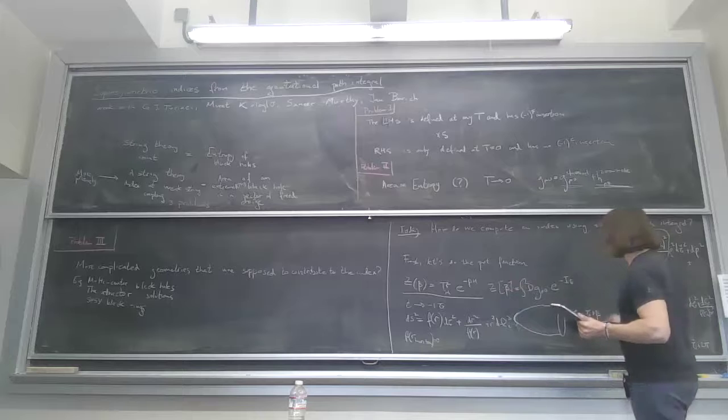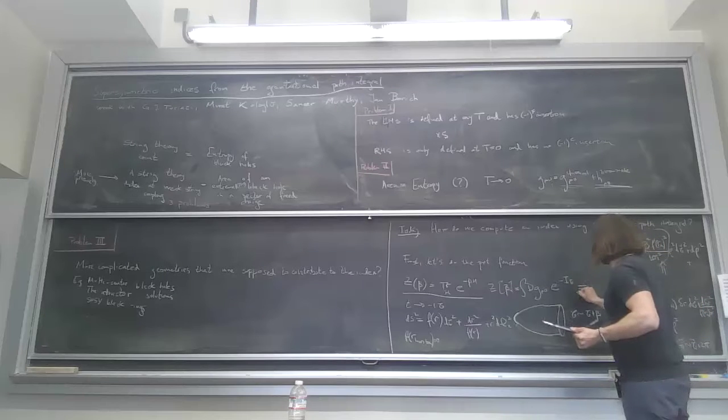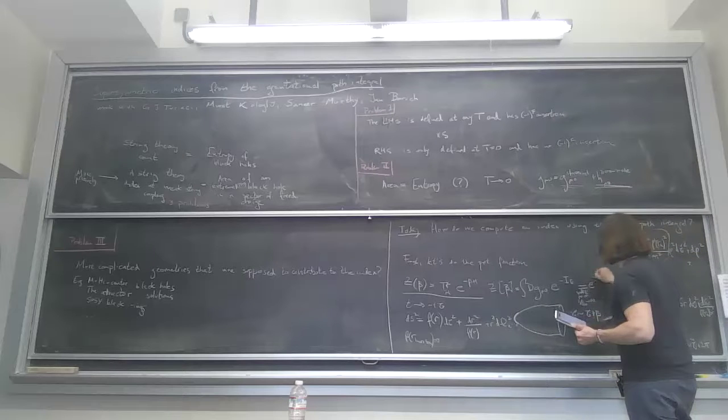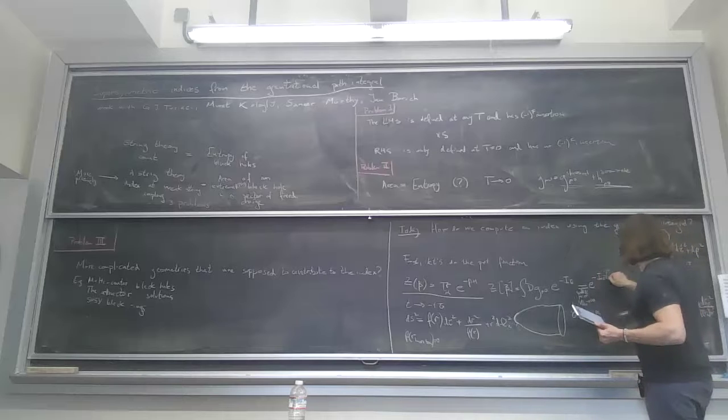Namely, if I want to evaluate Z of beta in a saddle point approximation, when 1 over G Newton is sent to infinity, this is just given at leading order by e to the minus Euclidean action evaluated on this black hole metric.